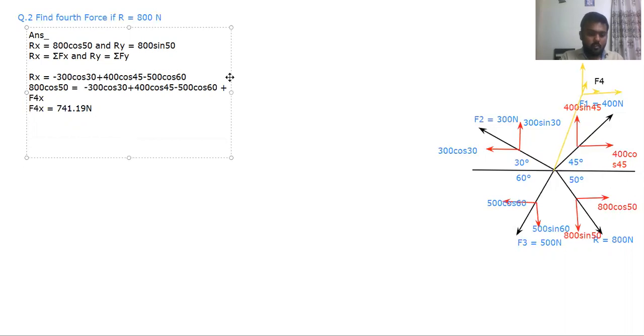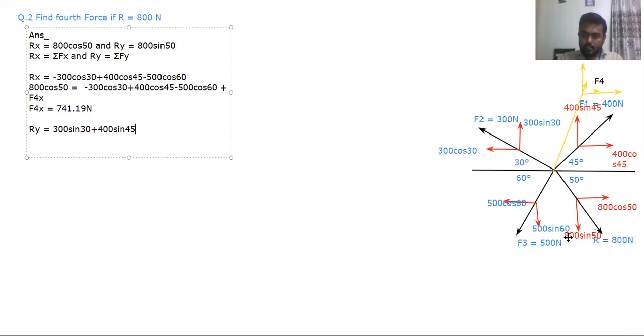Okay, similarly for Ry, first I will write down all these values. 300 sin 30, it is acting upward, so positive. Again this 400 sin 45 upward, so positive. This 800 sin 50, it is Ry and it is acting downward, so it will be negative.